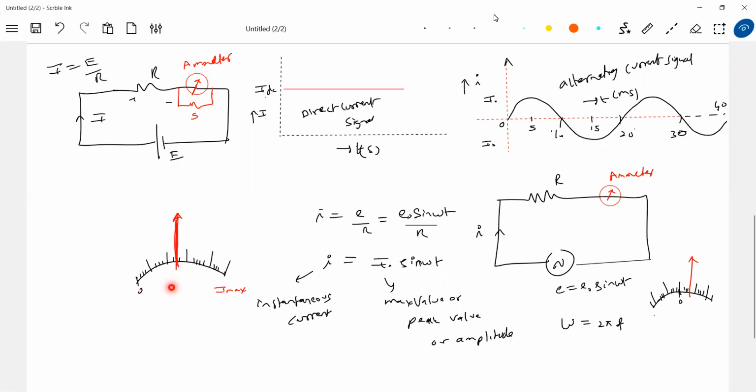This particular galvanometer will not permit current to flow in either direction; only in one direction does it permit current to flow. During the positive cycle it deflects, but during the negative cycle the galvanometer will not permit the pointer to deflect, so the galvanometer may get damaged. Also, in one cycle only half of the cycle is permitted to complete. So for I naught, somewhere in between we'll see the pointer.